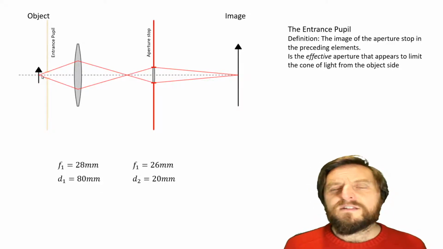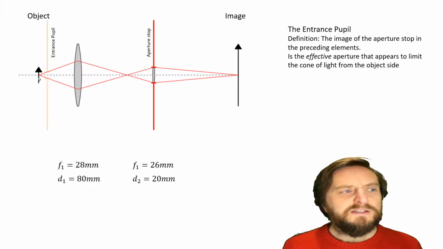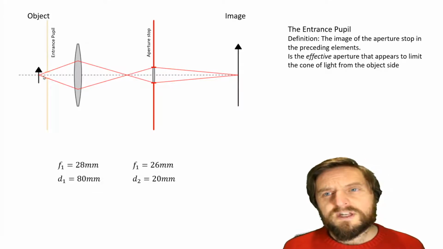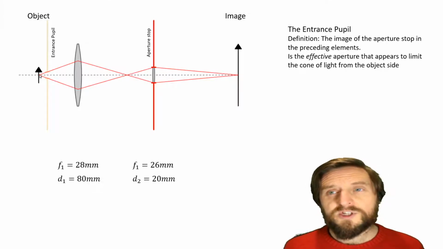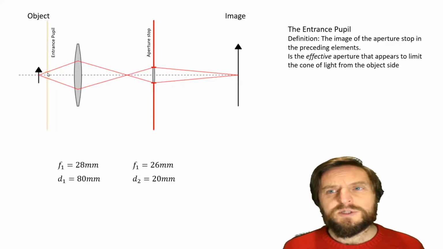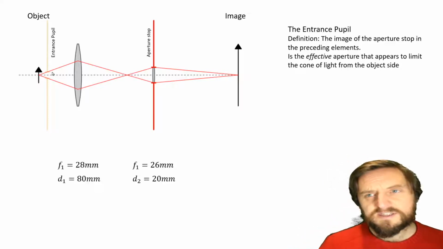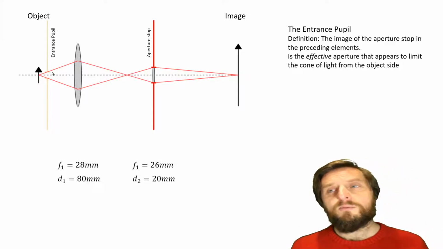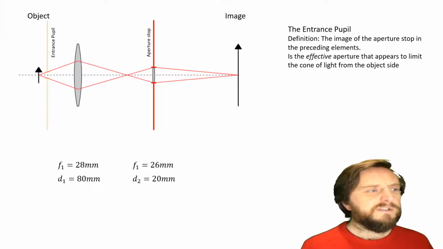The ray that goes from the center of the optical axis of the object and is angled to hit the edge of the entrance pupil is called the marginal ray of the system, and it defines how much light we are gathering from the system.